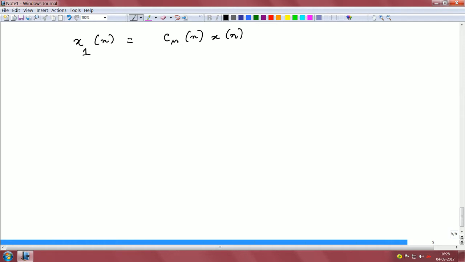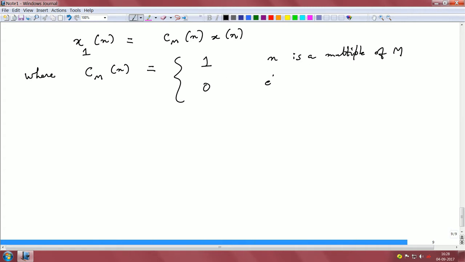This comb is literally like your hair comb, where Cm of n is 1 if n is a multiple of m and 0 otherwise. So we have gone one step forward. Cm of n is 1 when n is a multiple of m, 0 else.